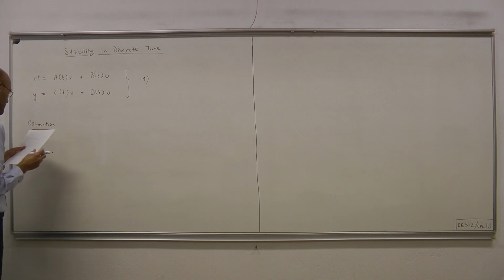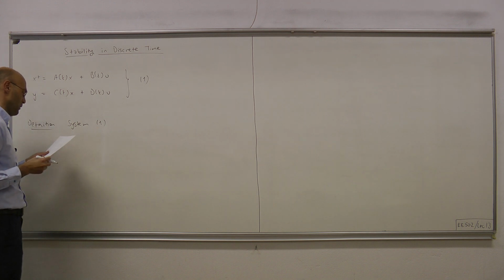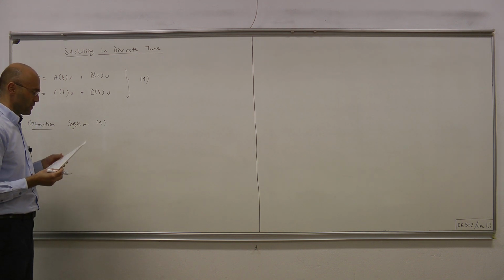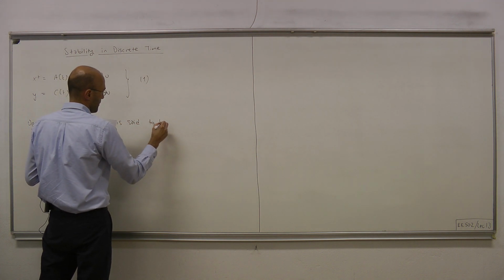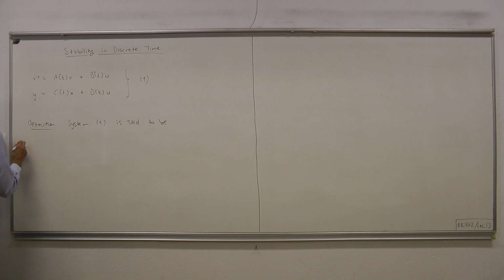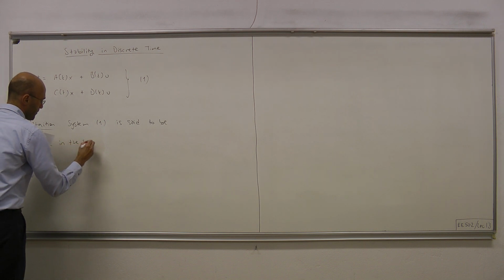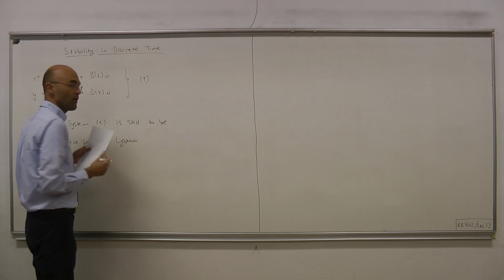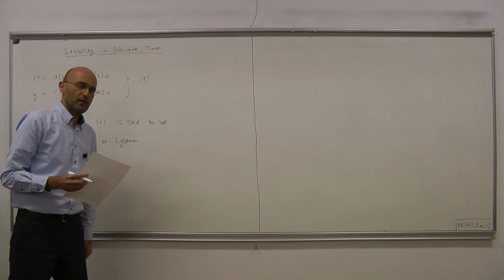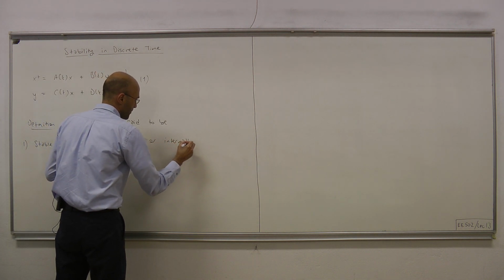Now, system 1, the LTV discrete time system, is said to be stable in the sense of Lyapunov, or equivalently, internally stable. They mean the same thing.